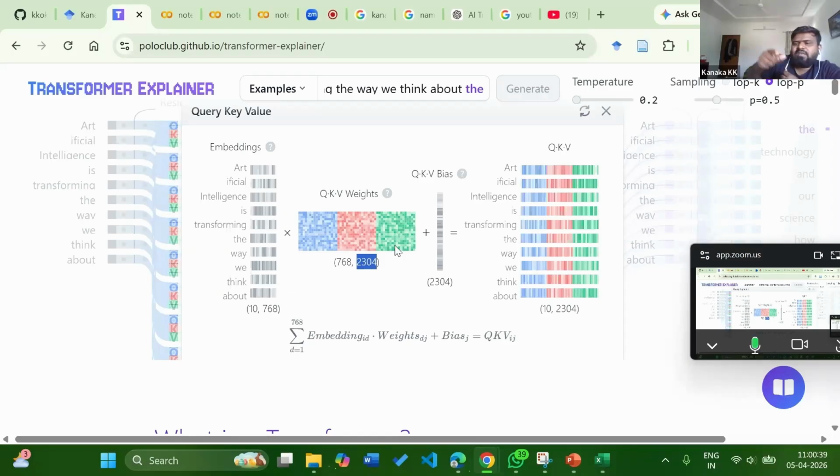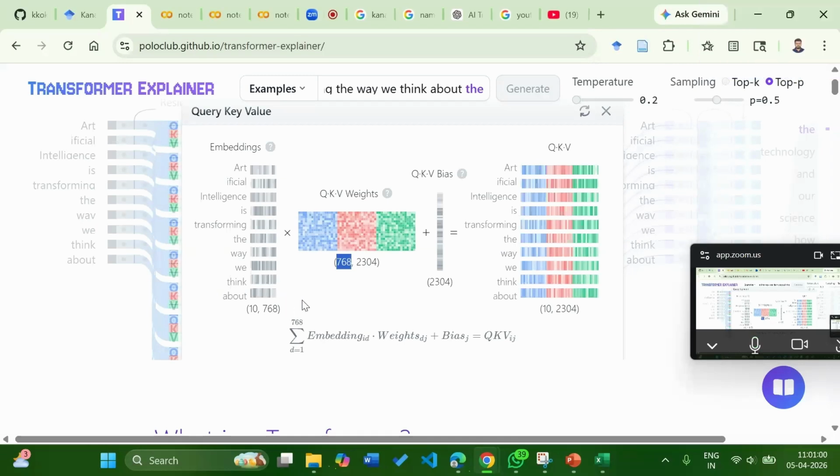So 768 plus 768 plus 768 gives 2304. Now the columns of the pre-multiplication matrix match the rows of the post-multiplication matrix, so we can simply multiply them. Can anyone tell what the dimension of the product matrix is? 10 comma 2304. Yes, very good.